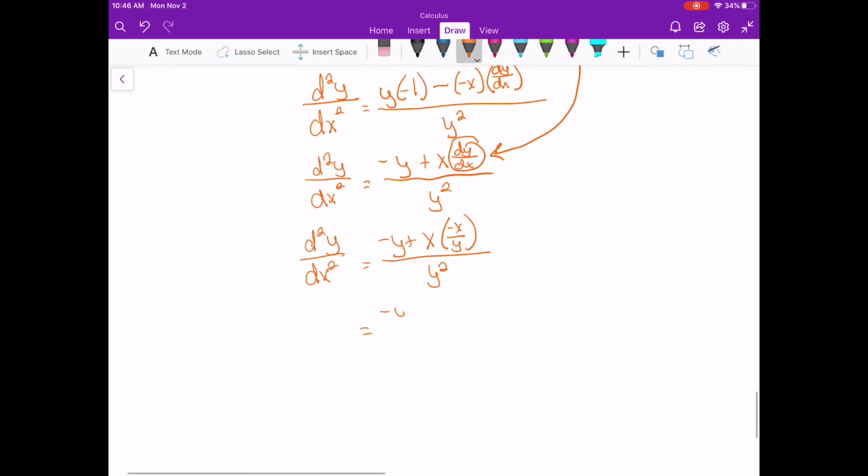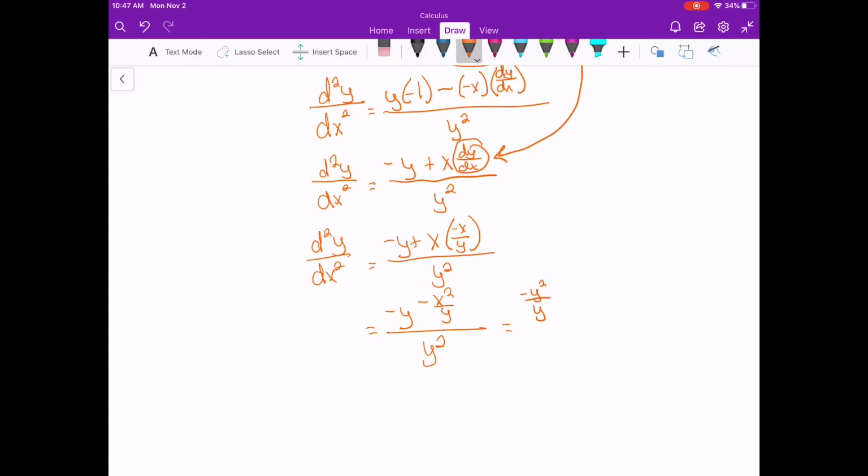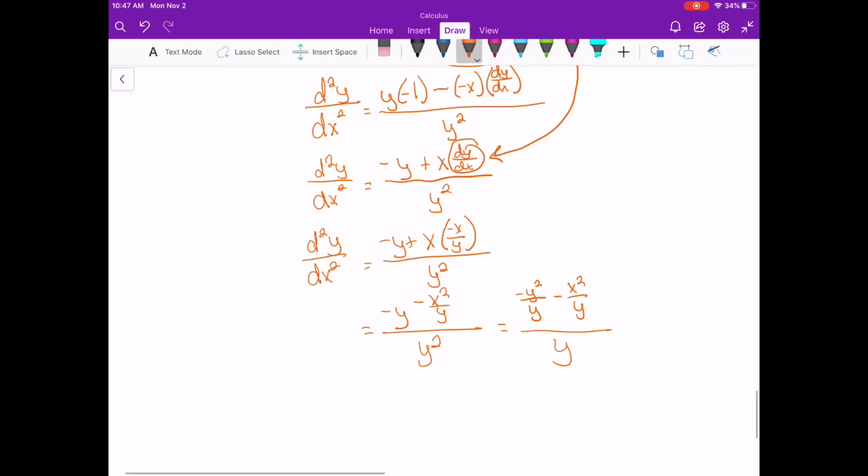And we get negative y plus, or actually minus x squared over y divided by y squared. I personally don't like to have a fraction within a fraction. So I'm going to change that negative y to be negative y squared over y. And then minus x squared over y. Trying to simplify the top here.